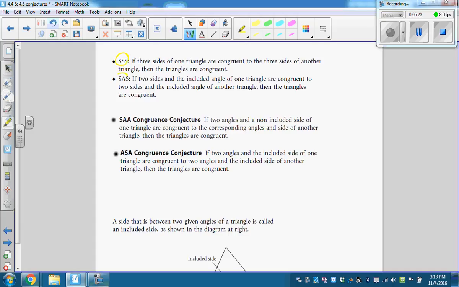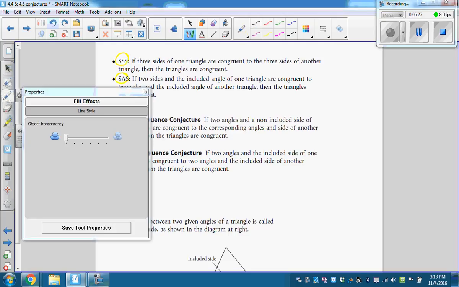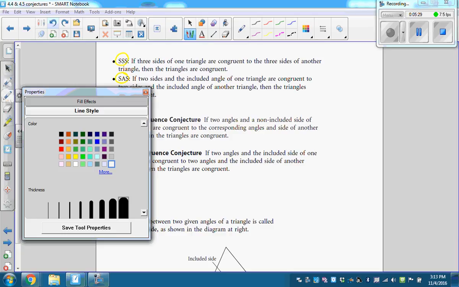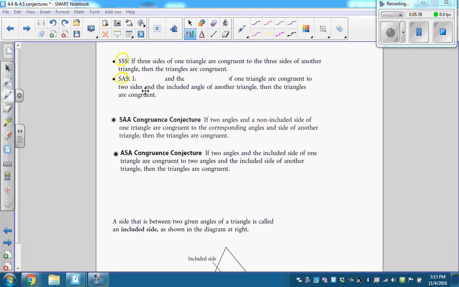And I would say complete that side-angle-side statement, and maybe it would look like this. If blank and the blank of one triangle are congruent to blank and the blank of another triangle, then the 2 triangles are congruent. I don't remember what it was.